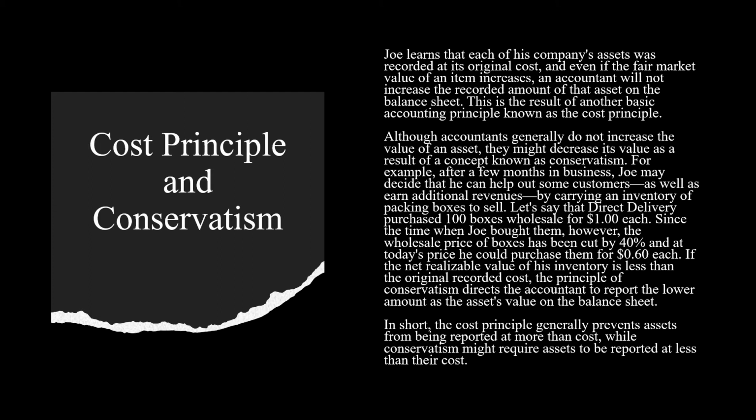If the net realizable value of his inventory is less than the original recorded cost, the principle of conservatism directs the accountant to report the lower amount as the asset's value on the balance sheet. In short, the cost principle generally prevents assets from being reported at more than cost, while conservatism might require assets to be reported at less than their cost.